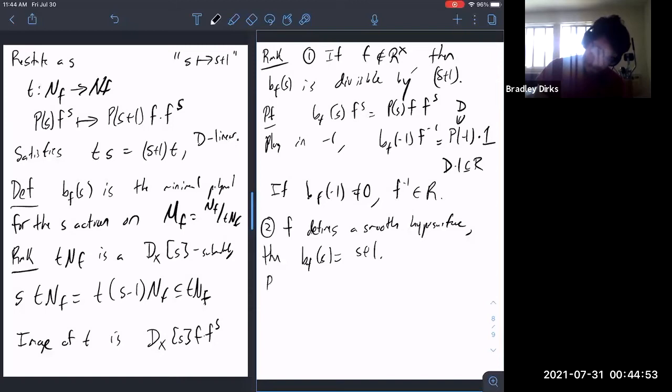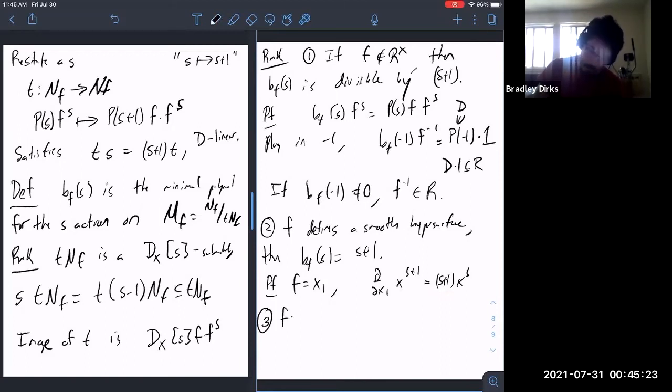And so I guess the proof is, we can just let F equal x1 by doing some change of coordinates because it defines a smooth hypersurface. And then if we just hit x^(s+1) with the differentiation, we just get (s+1) times x^s. So this says b_f(s) divides s plus 1, but then by part 1, we know it's divisible by s plus 1 also. So we get equality.